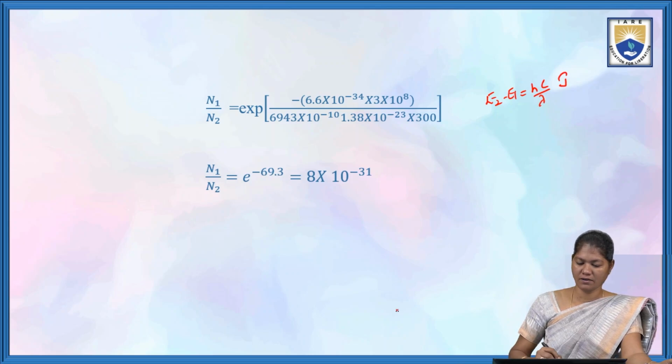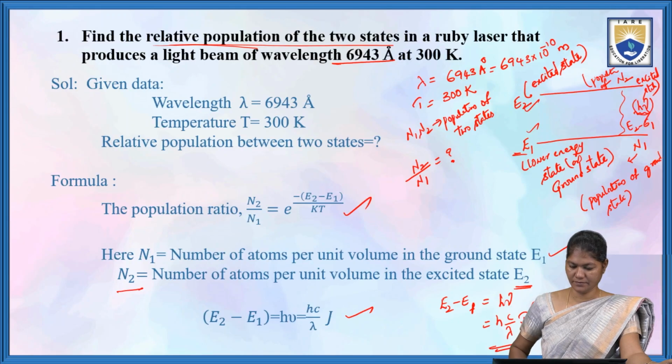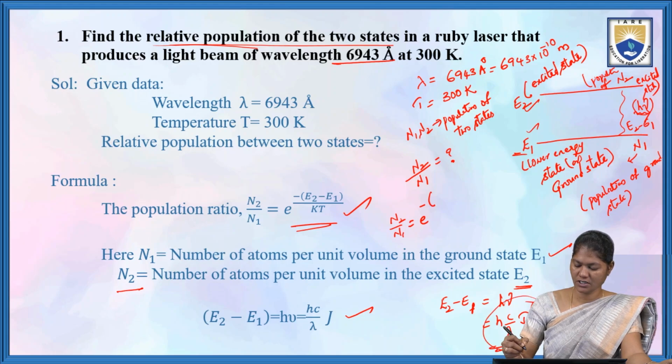So in this, N2 by N1 is equal to e power minus of E2 minus E1, that is Hc by lambda, divided by KT.